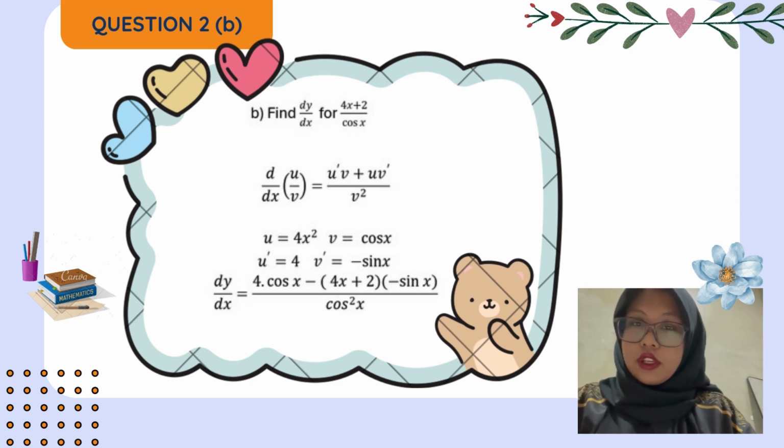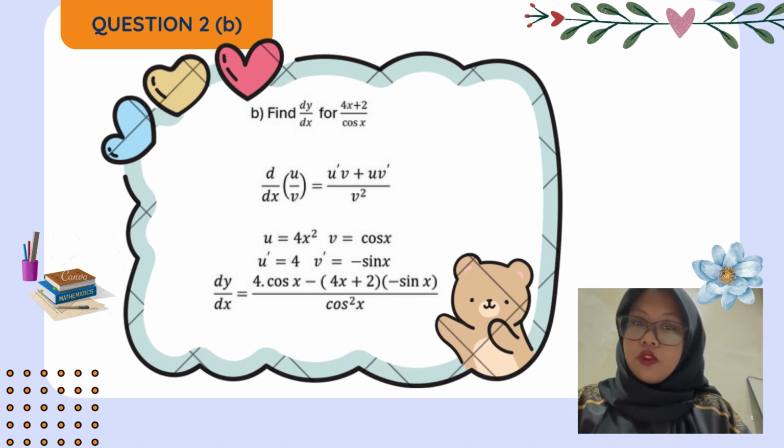We define the numerator as u equals 4x plus 2 and the denominator as v equals cos x. Next, we differentiate both parts to obtain u prime equals 4 and v prime equals negative sin x.